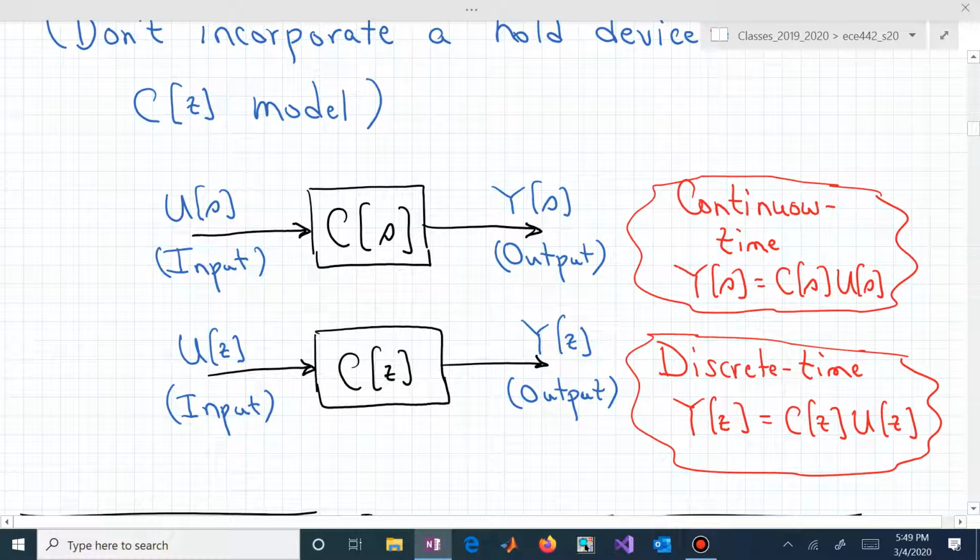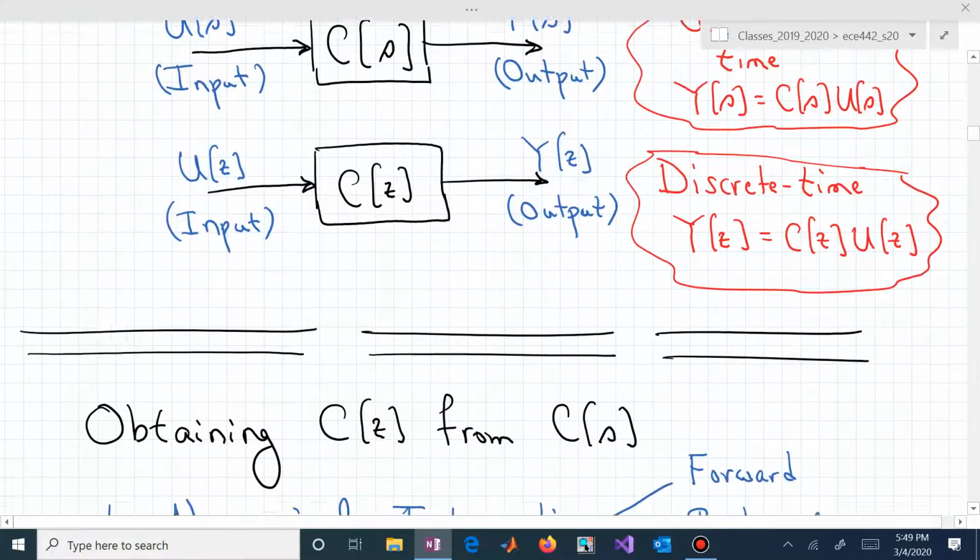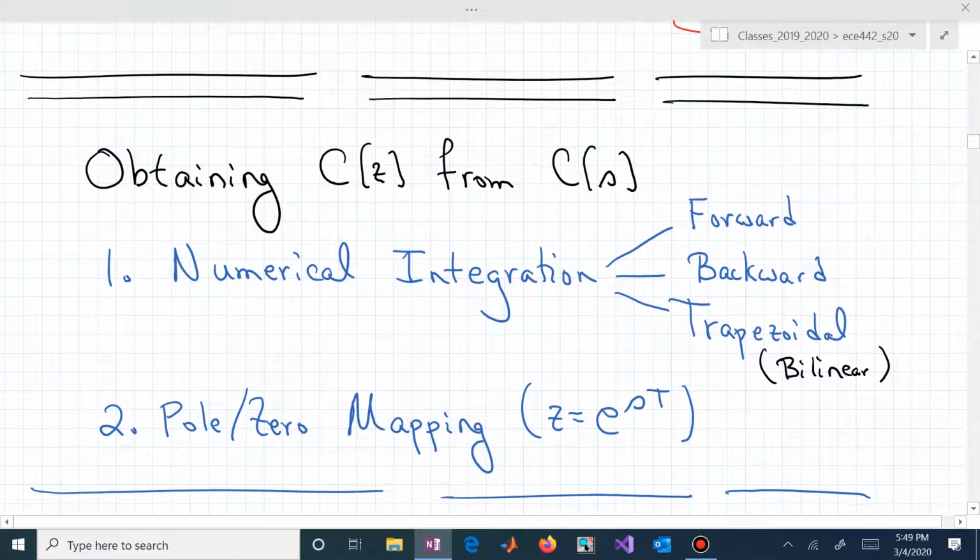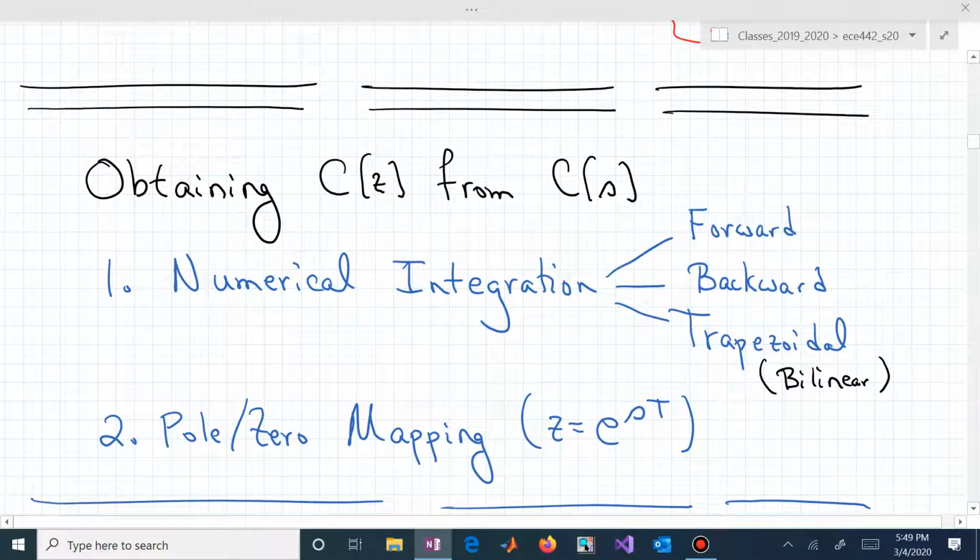And there's many different ways of you producing that. And here they are. Today we're going to focus mostly on the numerical integration strategy, which we can identify as 3 different ones: a forward approach, a backward approach, and a bilinear or trapezoidal approach. And those descriptions will become clear, I hope, as we go through the derivation.